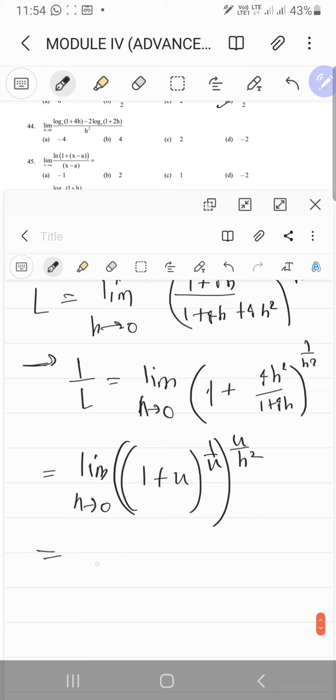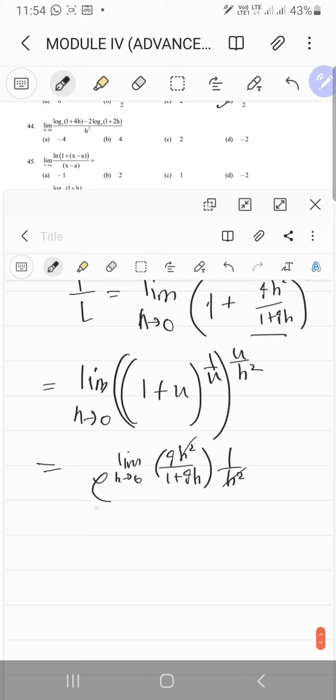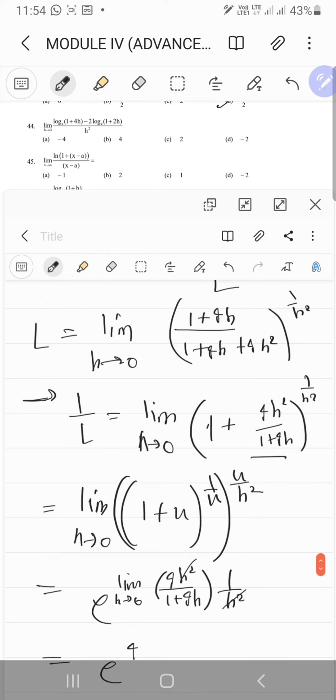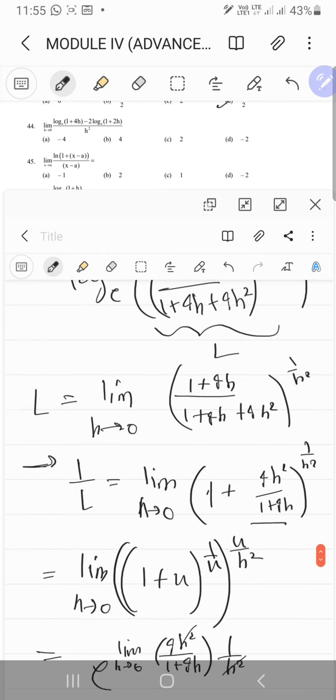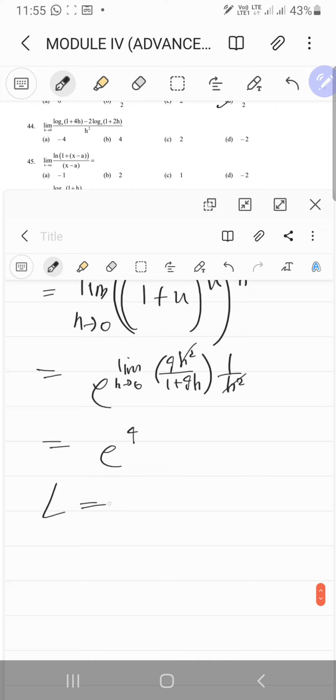So this is going to be e to the power of the limit as h approaches 0. u was just this thing, so it's going to be 4h squared upon 1 plus 4h, and that into 1 upon h squared. So this cancels. So this is just e to the power of 4. Nice. That's really nice. This is just e power 4. And that means L is e power negative 4.